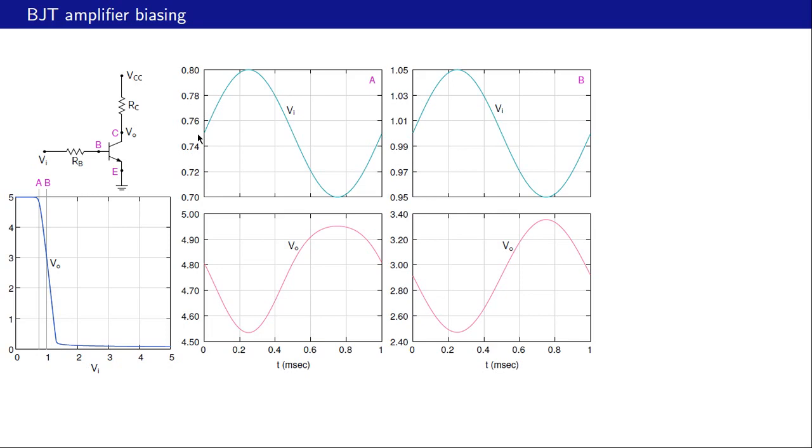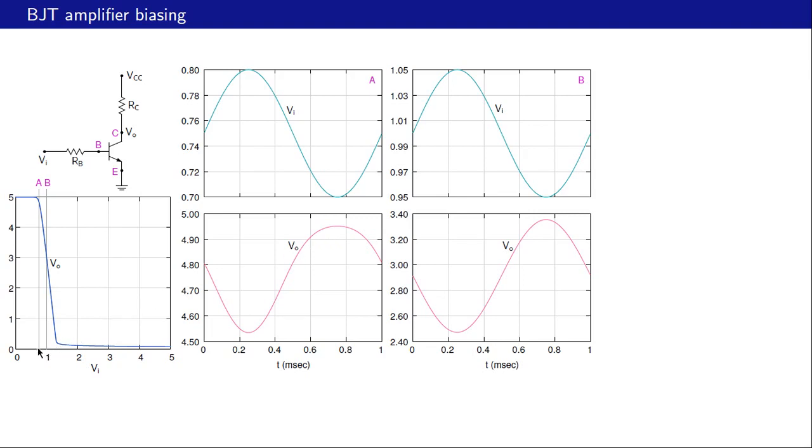All that has changed is the DC bias here for the input voltage, and as a result the output voltage looks like this. It is distorted, and it's easy to see why the distortion is happening.